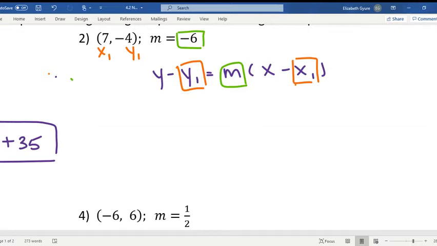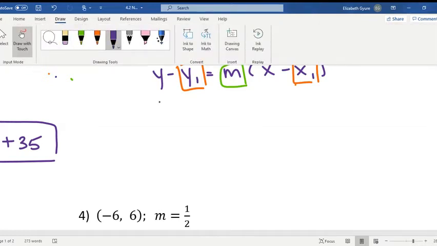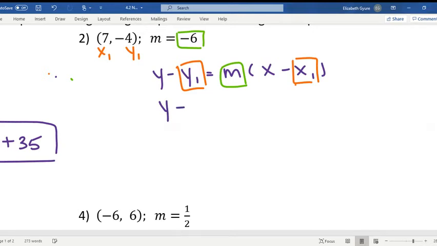All right, so let's practice plugging this in here. We're going to have y minus y1. Somebody tell me what's my y1 value? -4. So y minus -4. Is it okay if I just put one negative sign? A double negative means the same thing as just one negative?